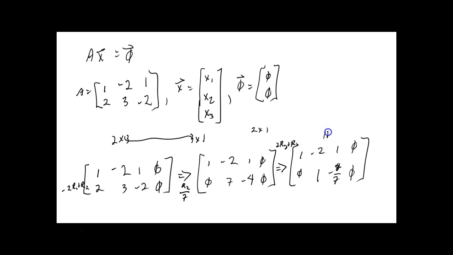I'll go up here with this one. We're changing the top row, so we'll leave the bottom row alone: 0, 1, negative 4 sevenths, 0. One of my favorite numbers of all time. And then the top row becomes 1, 0, and my fractional math.